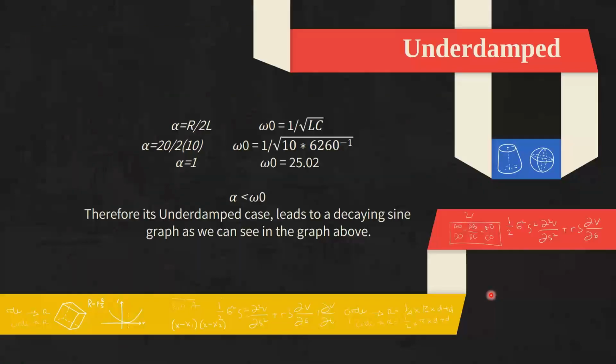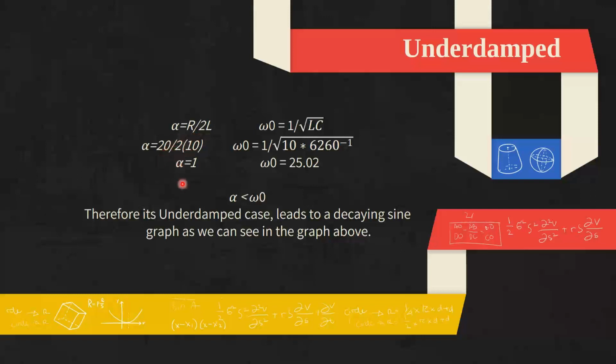This is an underdamped case. Now let's look at how it is an underdamped case. So this is the damping factor, whereas this is the resonance frequency. Now if we put in the values of R and L into the equations, the damping factor is equal to R by 2L.